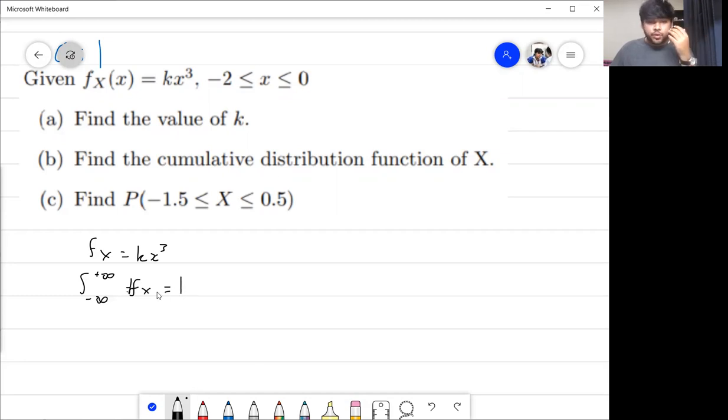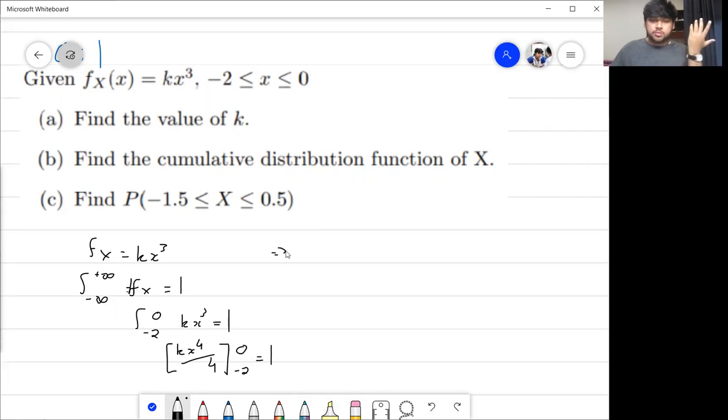Because they've given me the limits of what x entails, I know that the integral from -2 to 0 of fx, which is kx cube, should be equal to 1. Calculating the integral, this is kx to the power 4 divided by 4, and when I plug in the limits -2 to 0, that should be equal to 1.